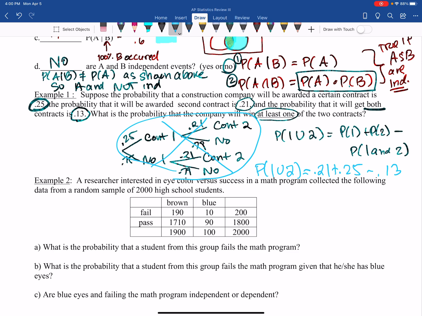And that's going to be your total here. Let's go ahead and add it up, which should be 0.33. Yeah, 0.33. So you would then write the stem of the question. The probability that this company will get at least one of the contracts will be 0.33 because that would be one or the other or both.